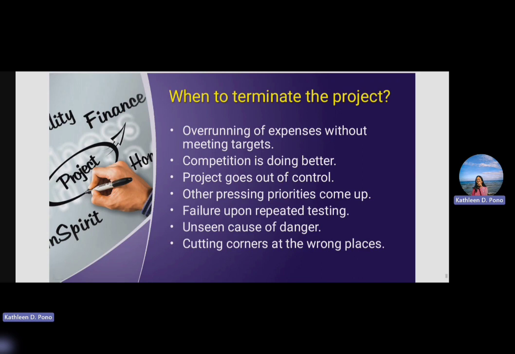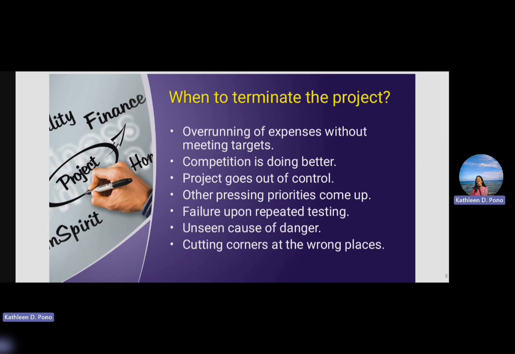The third one is when the project goes out of control. If the project starts to become unmanageable with unexpected issues arising, it may be time to consider termination to prevent further damage. Also, you can terminate the project if other pressing priorities come up. If there are other pressing priorities that require immediate attention, then the project may need to be terminated to free up resources.